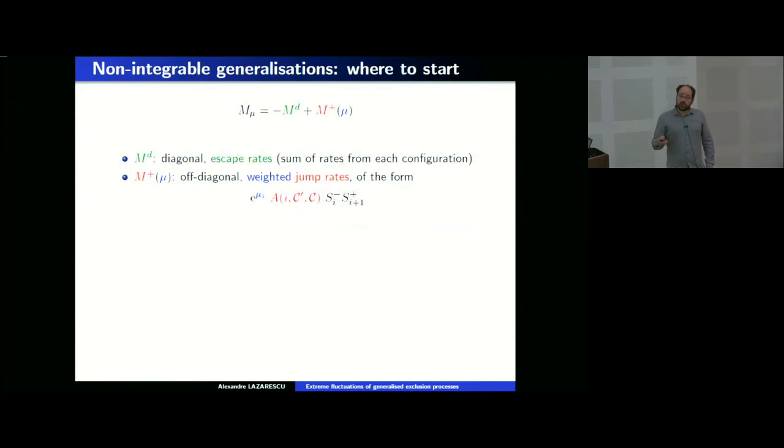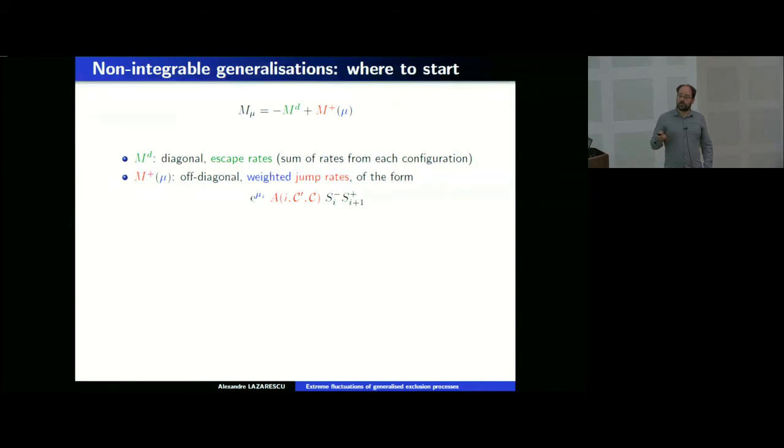So now I will be trying to get something similar for non-integrable versions of the exclusion process. In that case, I will write the biased Markov matrix as its diagonal part, which doesn't depend on the bias and which is negative and contains the escape rates from every configuration, and the jump part, which is strictly off-diagonal and which depends on the bias and contains the jump rate from configuration to every other configuration.